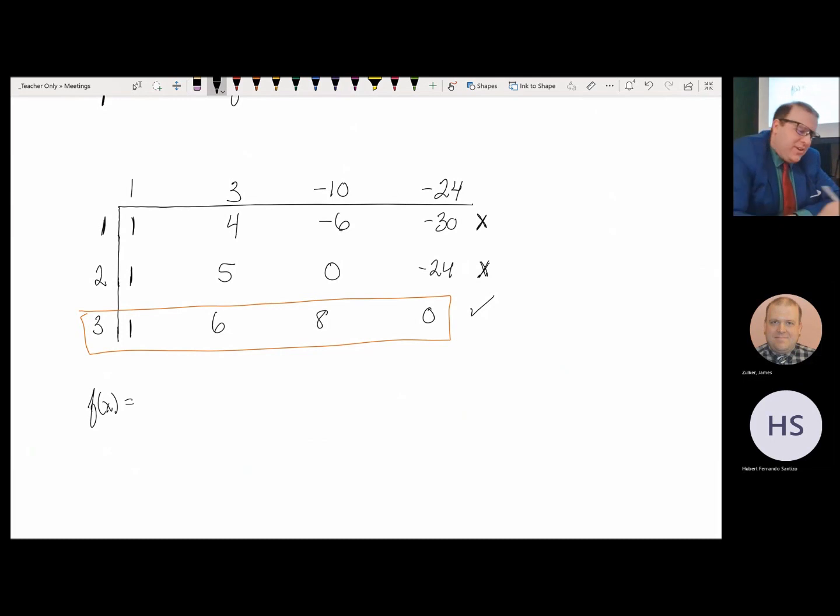This means that right now we can factor f of x this way. x minus 3 is a factor times the quotient. This is where the division algorithm comes in. We're writing f of x as a divisor times a quotient plus the remainder of 0.